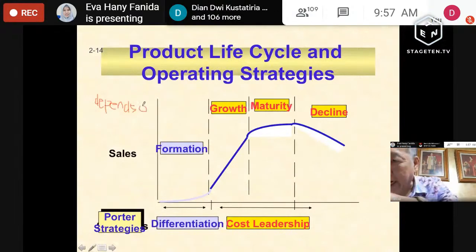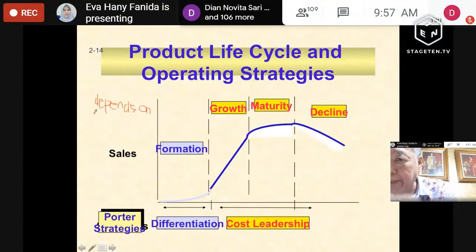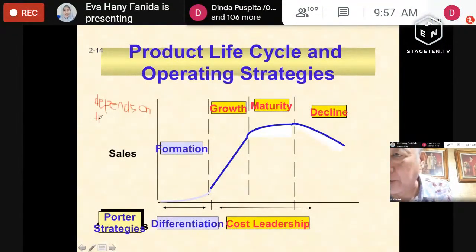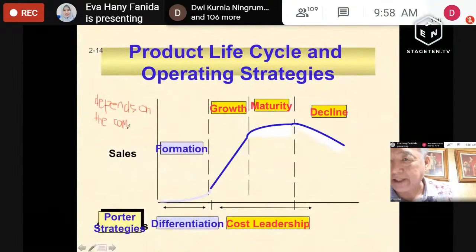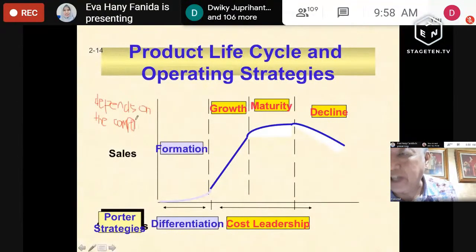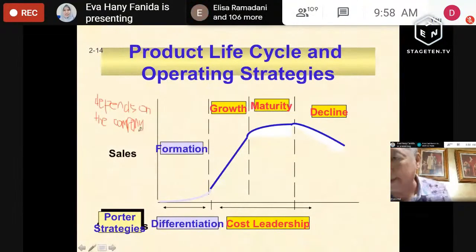What kind of strategy we use depends on what stage the company belongs to. If our company is in the growth stage, we use a growth strategy. If it is at the maturity stage, we use a concentration strategy. And if it is going to decline, we use an outsourcing strategy.